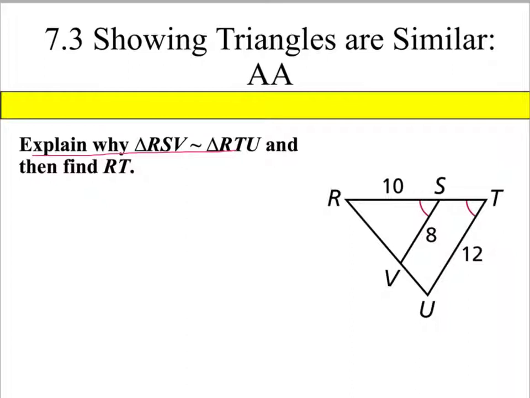All right, so when you look at this, you will have angle RSV. We know for a fact RSV is going to be congruent to angle RTU. Why? That's given to us. Okay? We also know for a fact that angle SRV is going to be congruent to angle TRV.